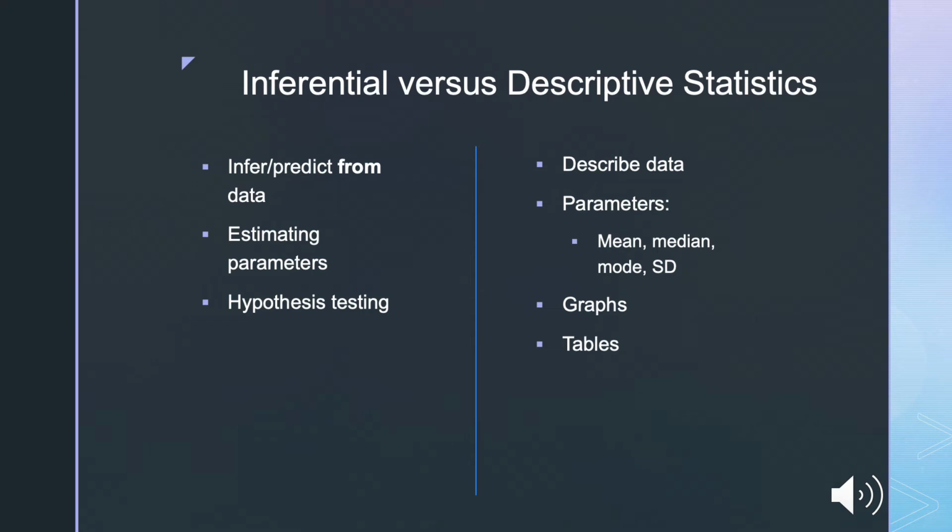Okay, so today we are going to dive in with inferential versus descriptive statistics. Inferential statistics is when you infer and predict from data. The first example is when you are estimating parameters. An example would be, according to this data, I can see that the mean will probably be 88 in my study.